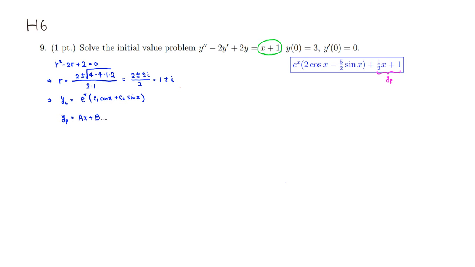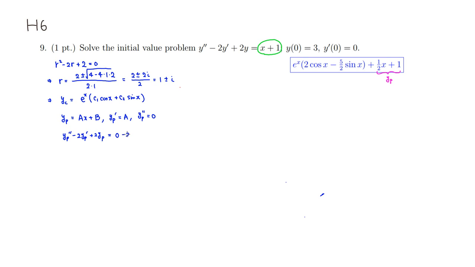So we find the derivative. So y sub p prime would be simply a. And if you take the second derivative, that's actually going to be equal to 0. Right? So let's plug it in. So y sub p double prime minus 2y sub p prime plus 2y sub p is going to be equal to, y double prime is luckily just 0.